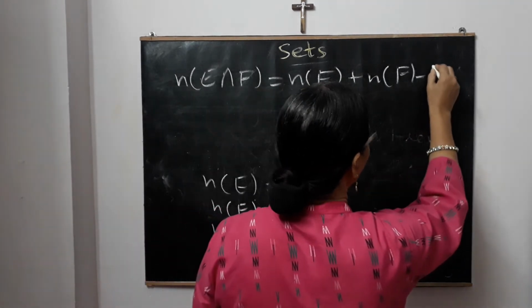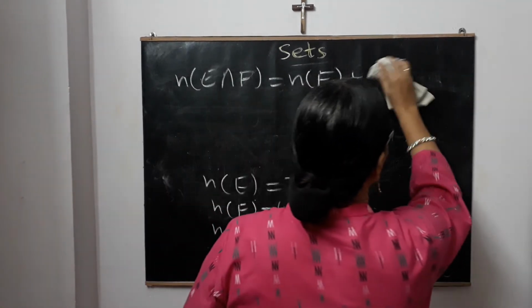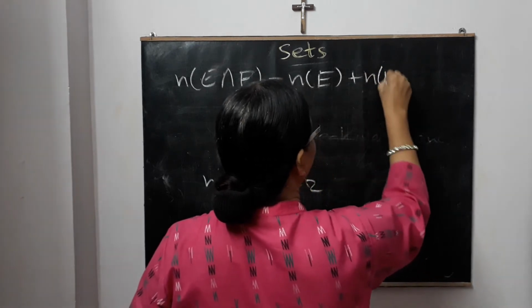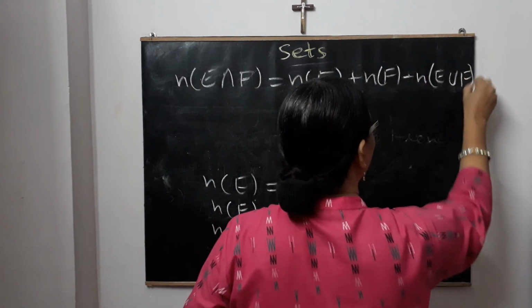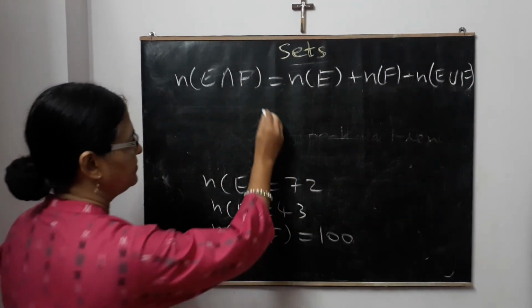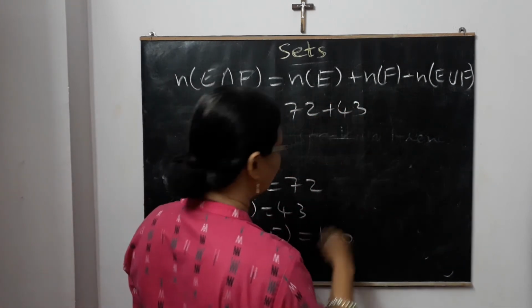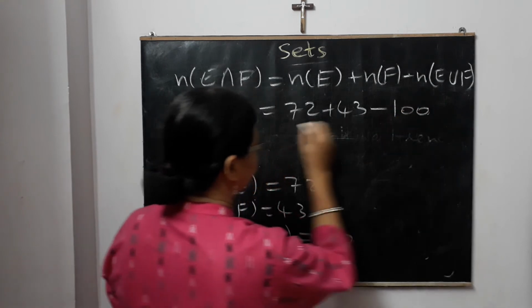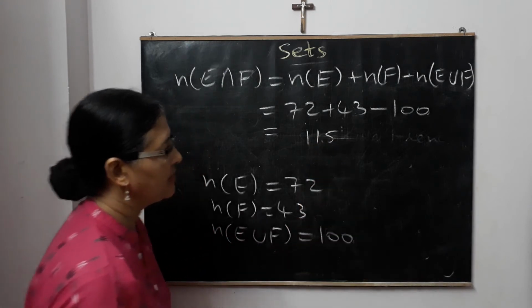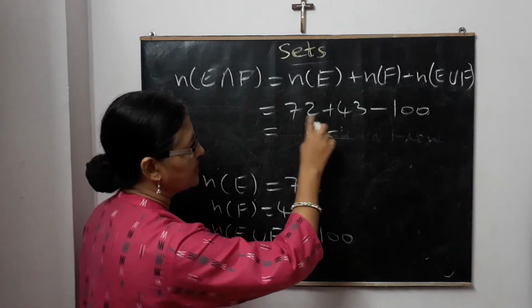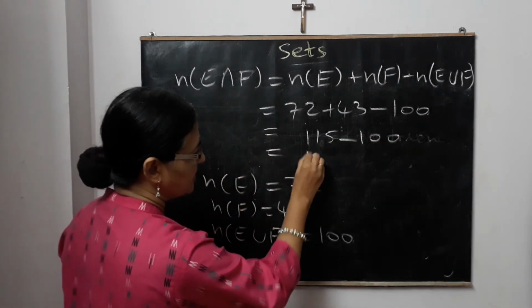So we write n of E plus n of F minus n of E union F. What is n of E now? 72. n of F is 43. And the union is given as 100. Now add: that gives 115. So 2 and 3, 5, 7 and 4, 11. Minus 100. So the answer is 15.